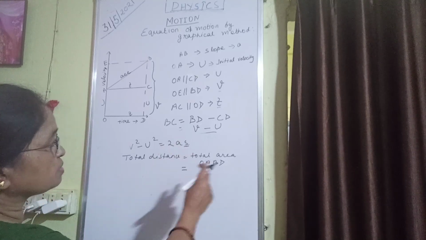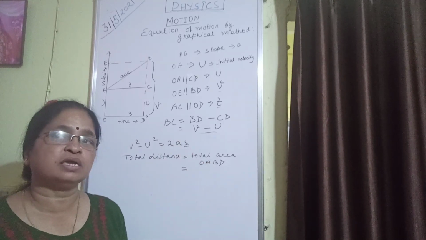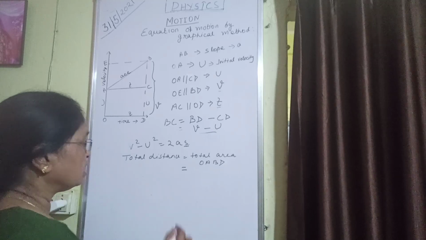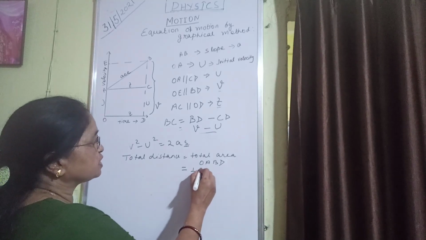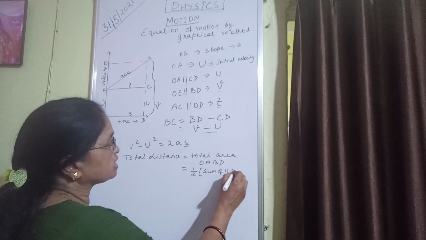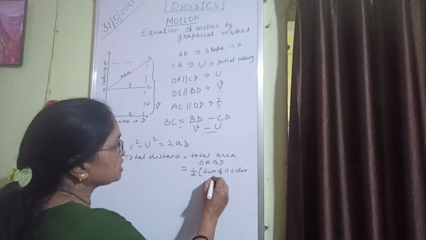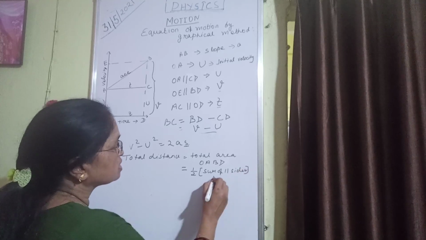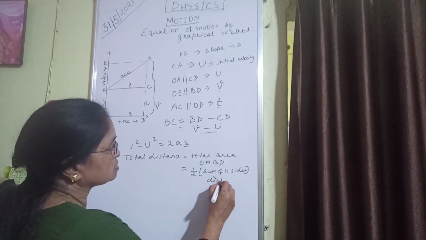Students who know the area of a trapezium know that it is half the sum of the parallel sides into the distance between them.